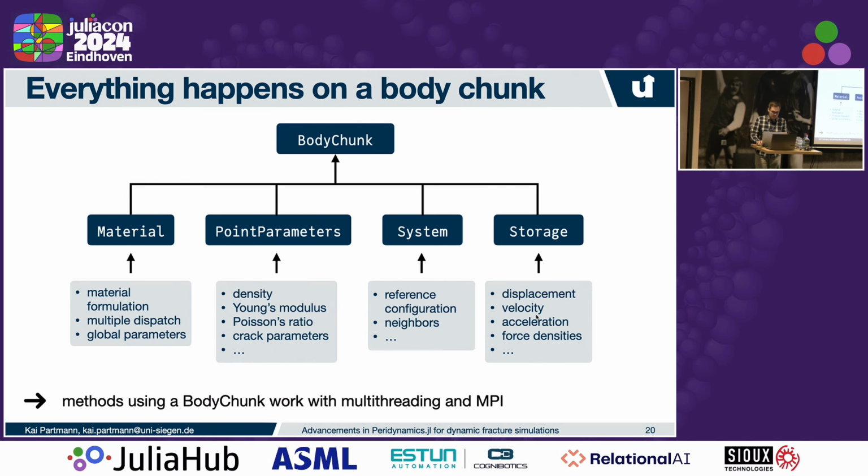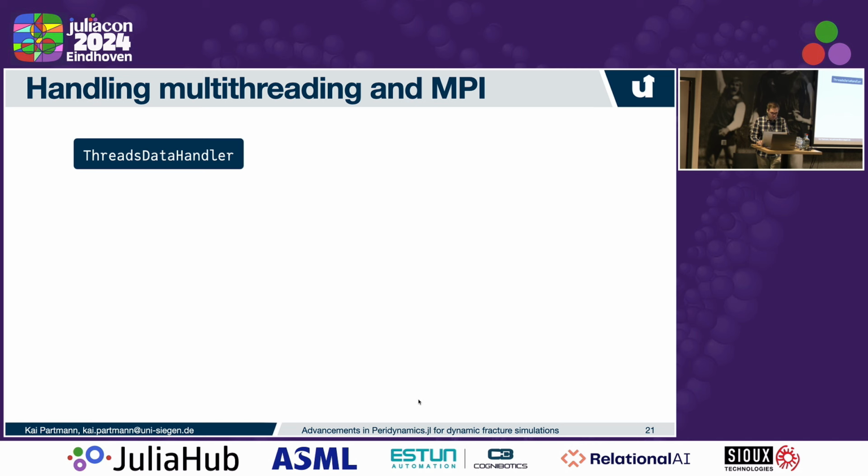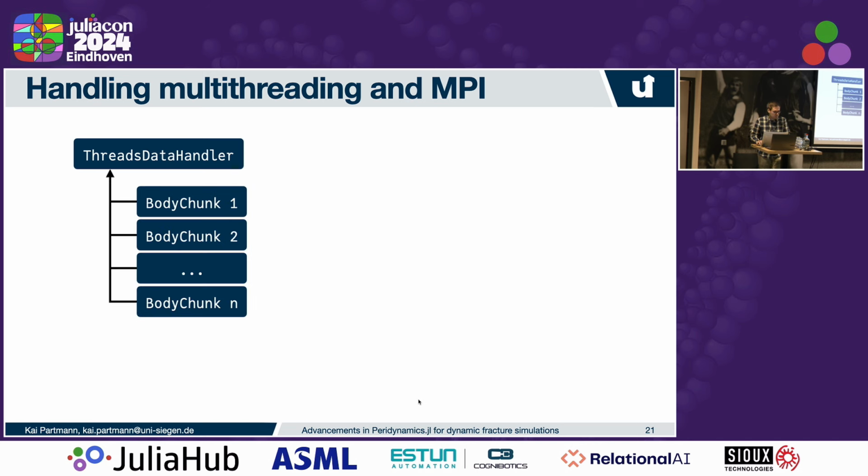This allows reusing methods that work on a body chunk with multithreading and with MPI, because they both use this type. Then we need a threads or an MPI data handler. A threads data handler contains multiple body chunks, and then you need halo exchange information.